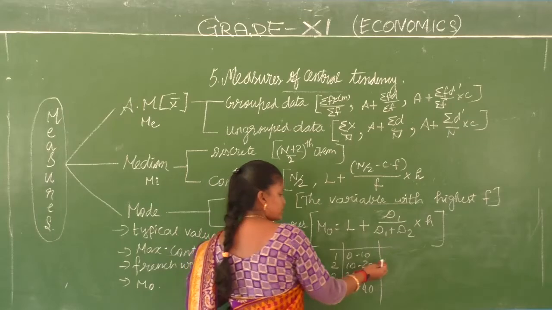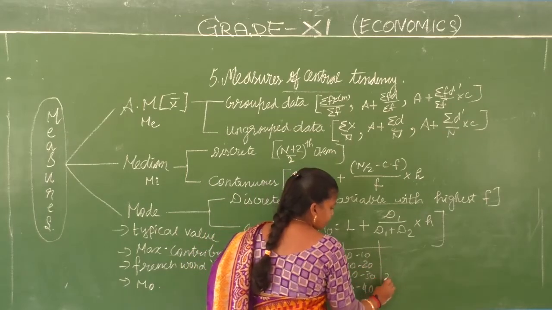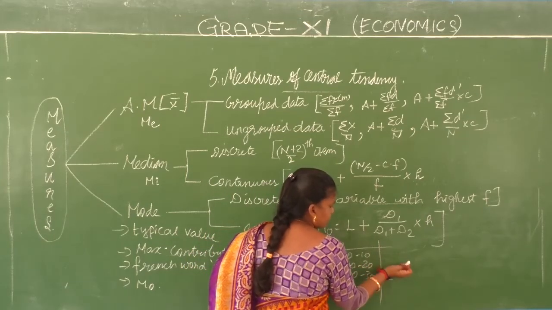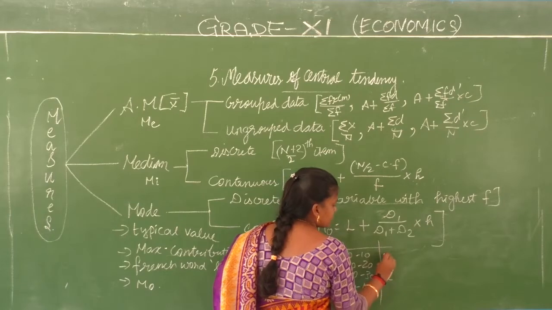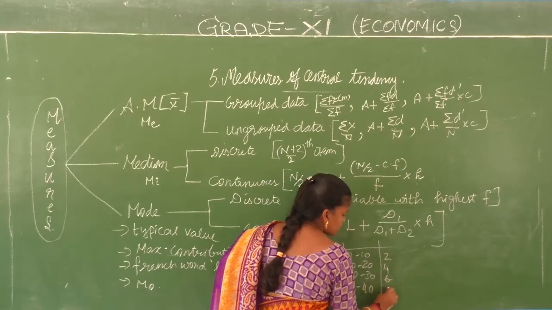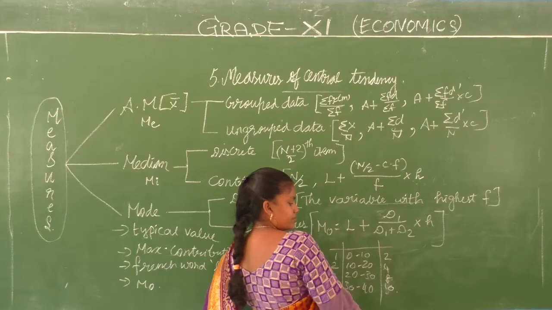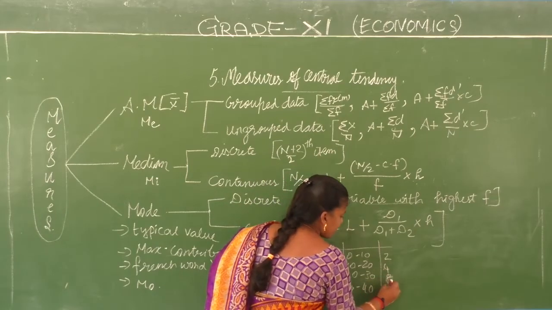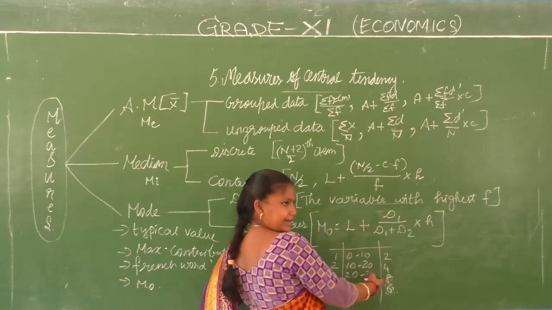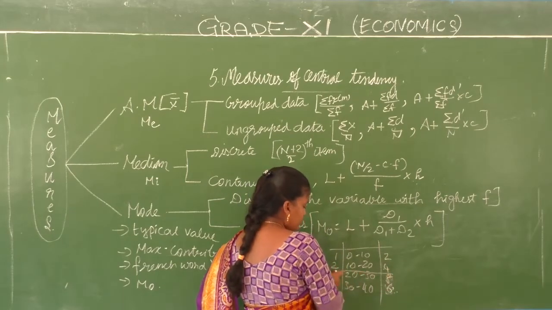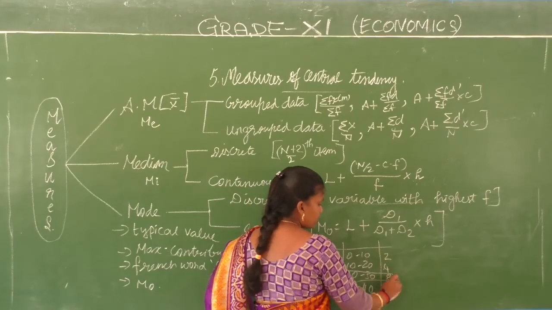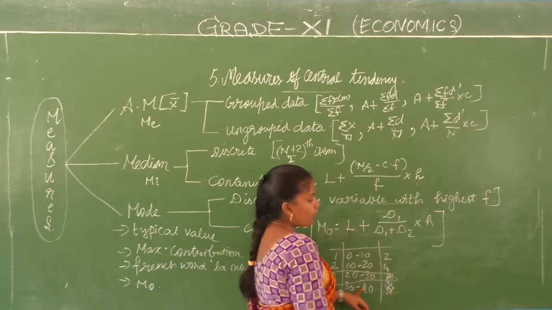Right children? So here you have x, let's give frequency values so it will be easy: 2, 4, 6, 8. Which has the highest frequency? 8 has the highest frequency. So that you choose as your modal class. Now what you have to find?